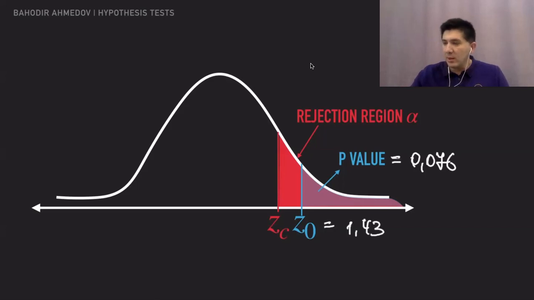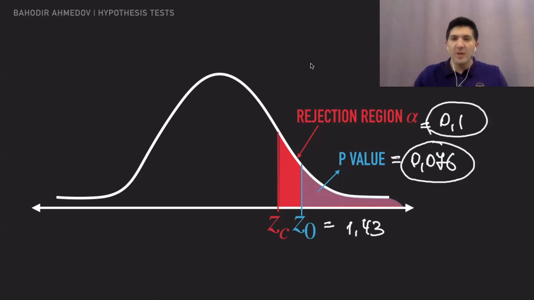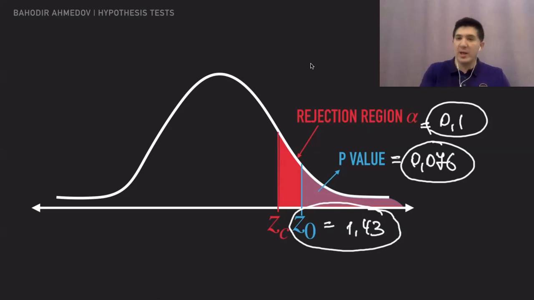And the rejection region, or the alpha level of significance, was given as, let's say, 0.1. If you are given alpha, we are always comparing the p-value with this one. So first of all we calculated the Z. Now I'm telling you that you don't need the p-value to know that your p-value is going to be smaller than alpha.